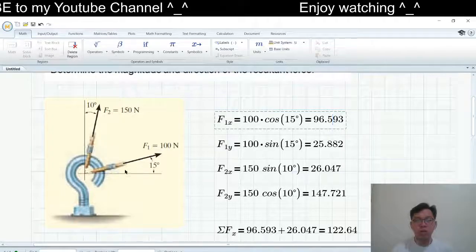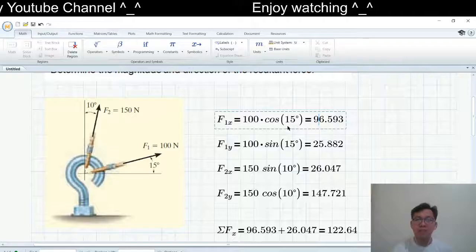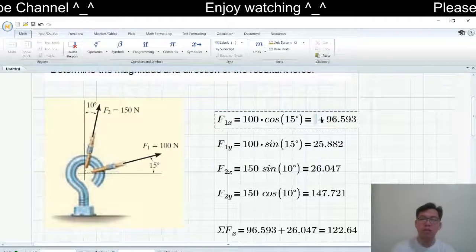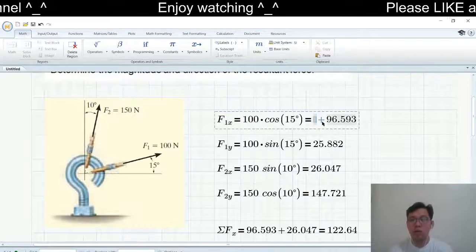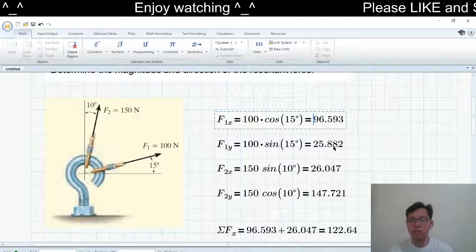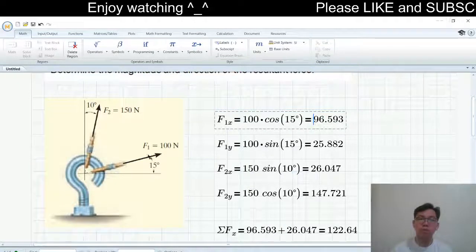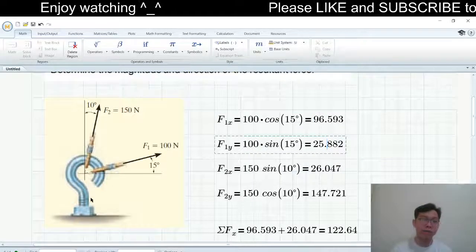Pag papunta dito, this is actually positive x-axis. Kaya yung component natin actually is positive 96.593. Importante na meron tayong mga signs dyan. Hindi ko na lang nilagay kasi nga positive naman. Ang F1y naman, since ang component dito is pataas, positive din. But if it so happen na pababa, negative dapat, ha?